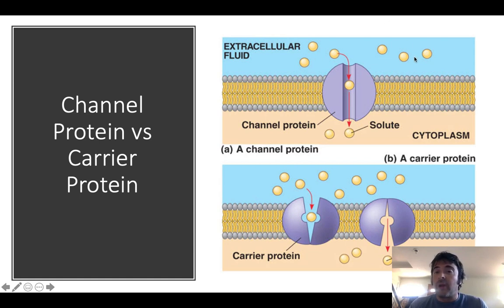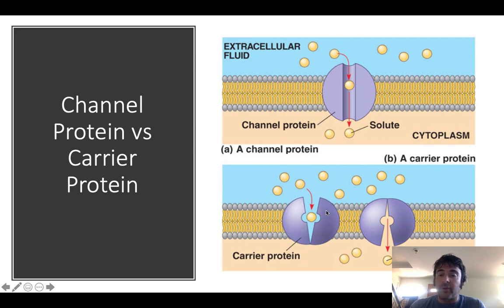So one of the really important characteristics of channel proteins is that they're specific, and they transport small polar molecules like ions: sodium, potassium, chloride, magnesium. It's really important to understand what a channel protein is, because in A&P you hear about it all the time.